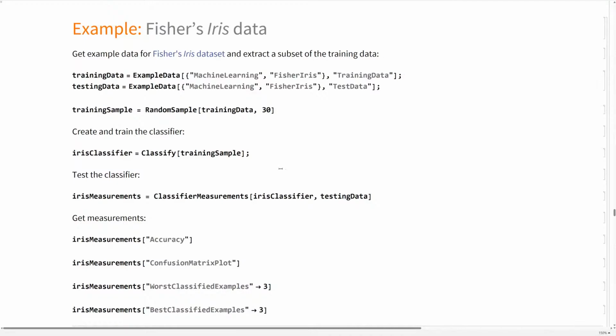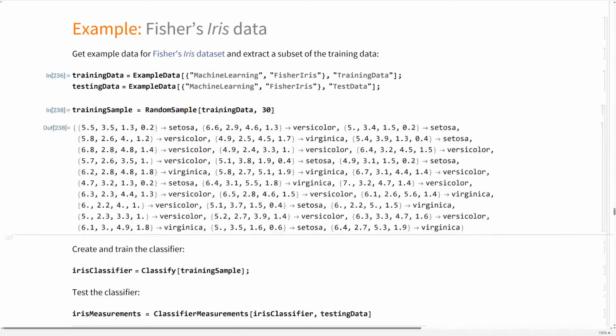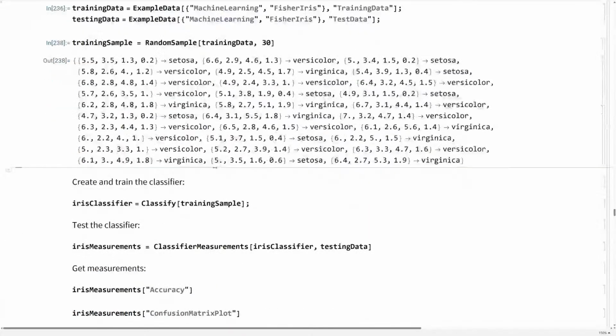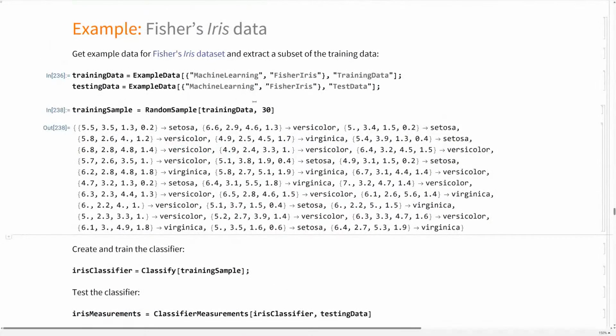All right, the next example is about Fisher's iris data. In this example, we will look into some more detailed analysis on the result. So this is the training data and testing data.